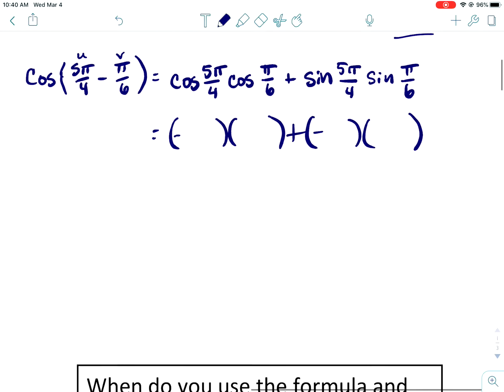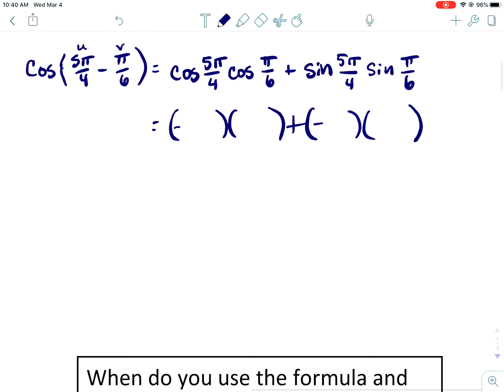Okay. All right, and then from there, I can just use the pi over 4 finger to find the cosine of 5 pi over 4, and use the pi over 6 finger to find the cosine of pi over 6. All right, you guys do the other two on your own, please.